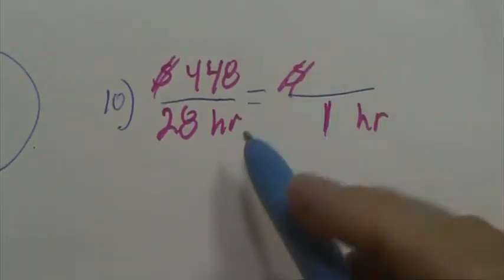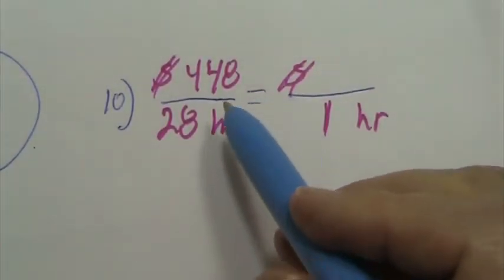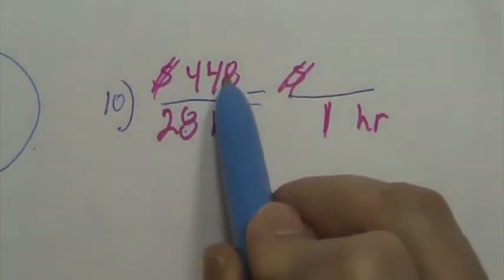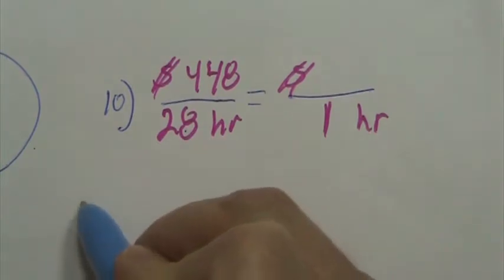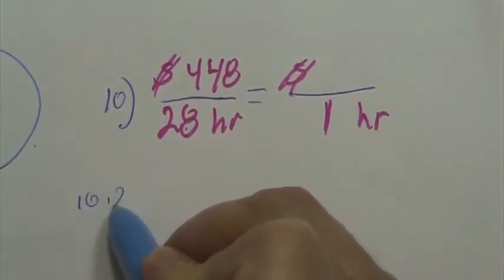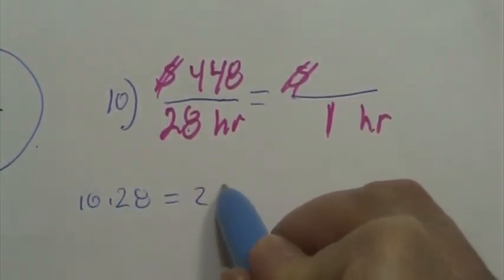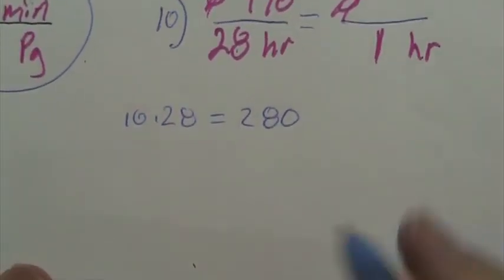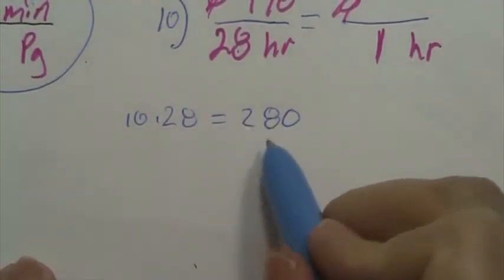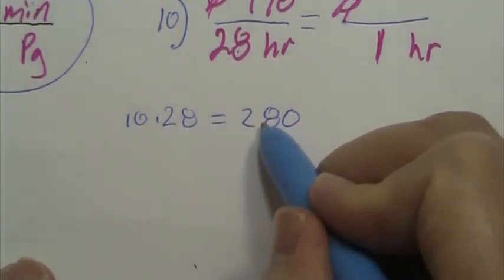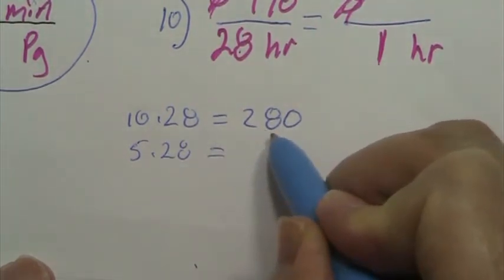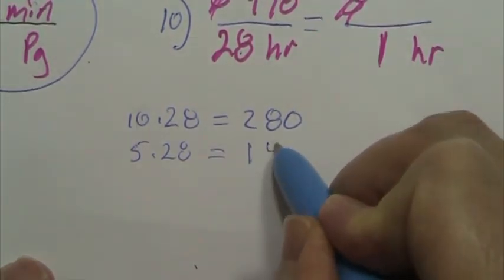Now let me show you a shortcut, if you didn't have a calculator with you. You want to know how many times 28 goes into 448. Well, I know that 10 times 28 is 280. And half of that, 5 times 28, is 140.